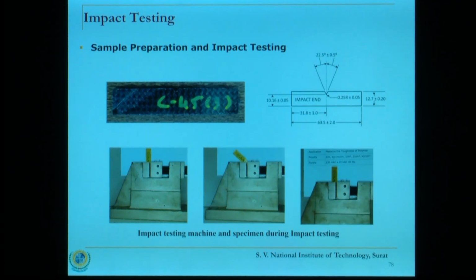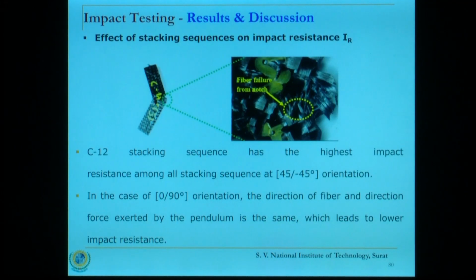The impact testing. This is also an interesting aspect. Here 45 says that I am the best. So again we used a standard and made similar parts, C12. I suppose those numbers might have changed. The stacking is the same.